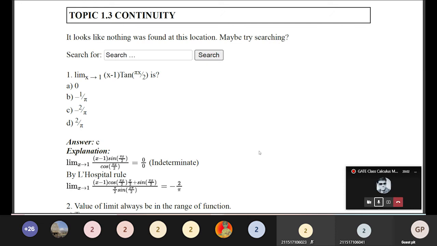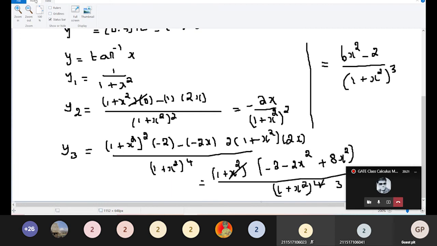What do you get? Differentiating cos, it will be minus sine of pi x by 2 into differentiating the bracket, it will be pi by 2. There is a printing error, I think a minus is missing. If you can't understand, I will do it on the board.